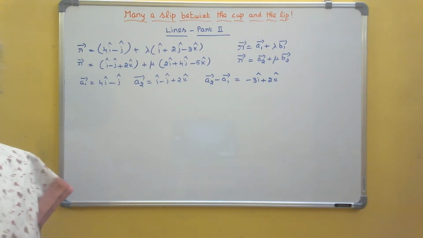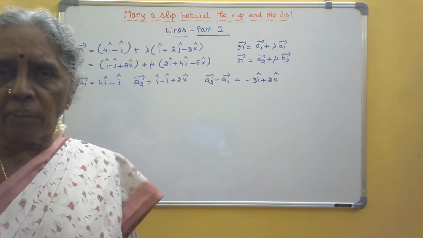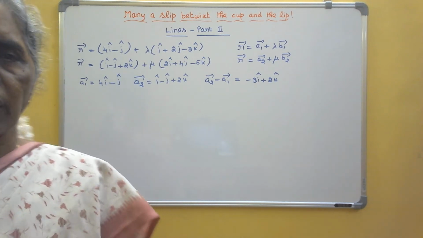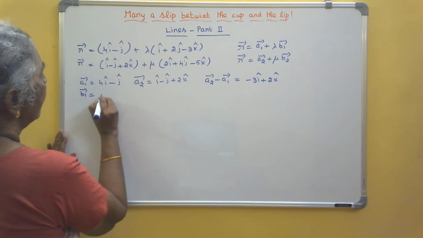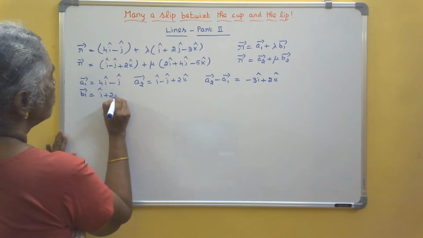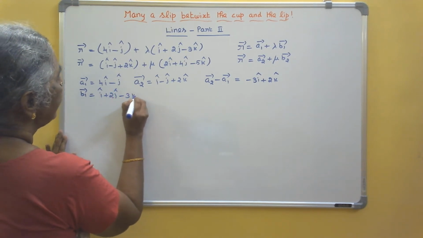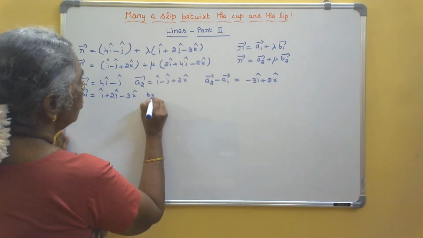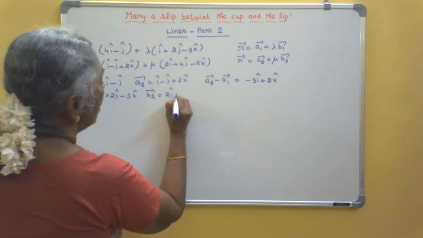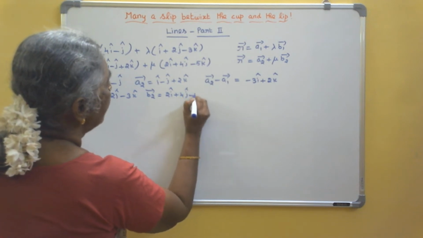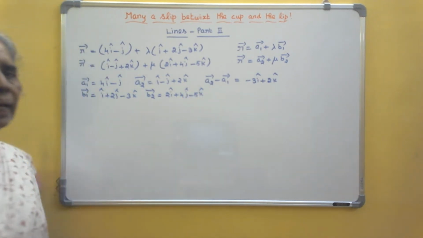Okay. Then I need B1 vector cross B2 vector. So let me write first, what is my B1 vector? It is i cap plus 2j cap minus 3k cap. The B2 vector will be 2i cap plus 4j cap minus 5k cap.